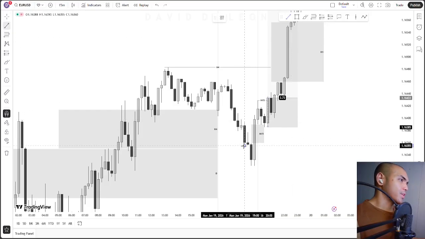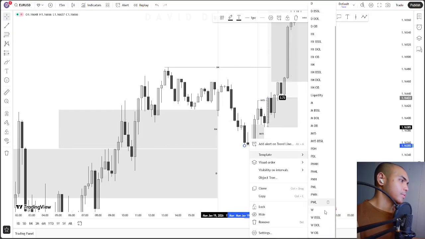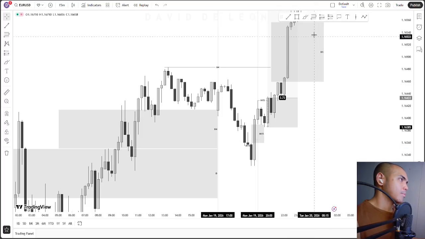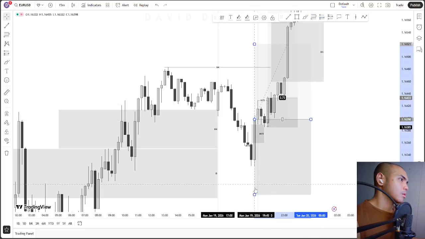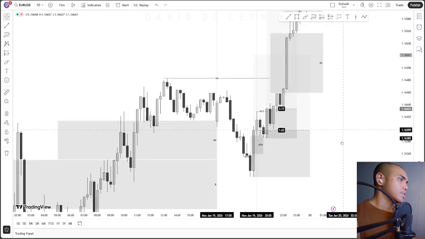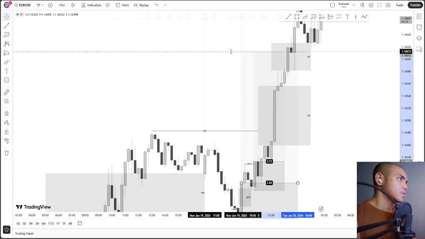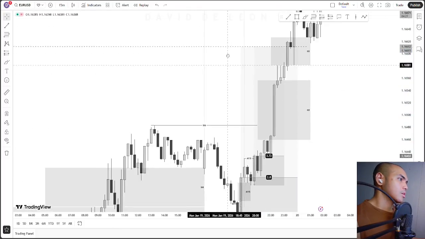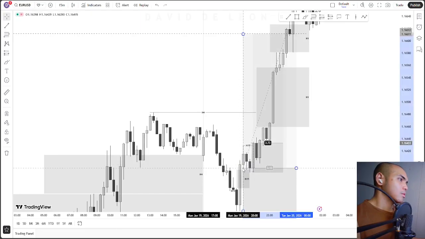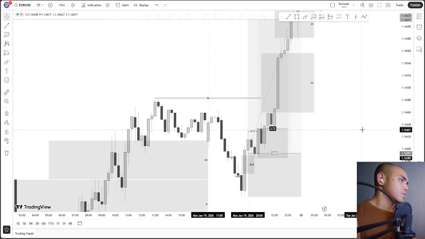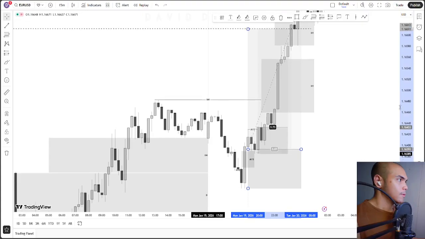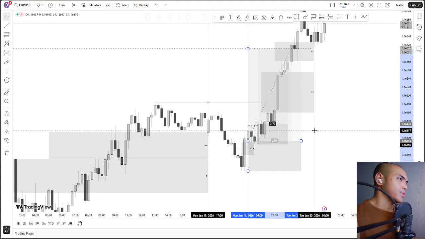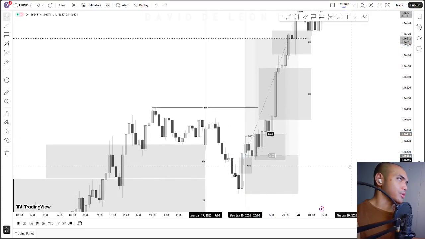I would also take this entry right here. M15, target this, and set the risk reward to minimum 3 RR.